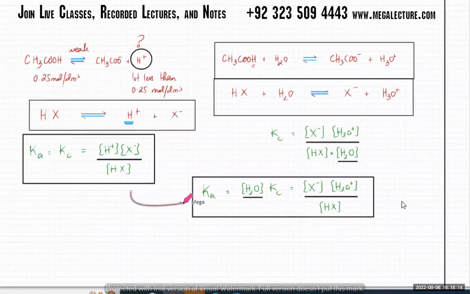So there's no difference between them. It's just that one was a more detailed equation, the other one was a more simplified equation, but it's kind of the same thing. It's H plus 1 concentration times X minus 1 concentration divided by the acid concentration. Okay? And you're going to call this the dissociation constant of the acid, and it always applies to the weak acid.